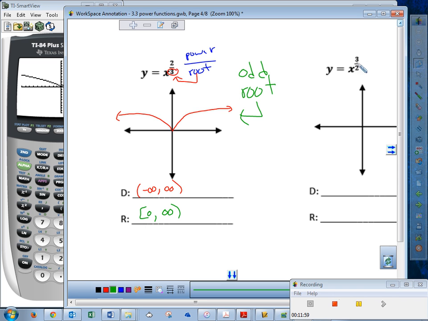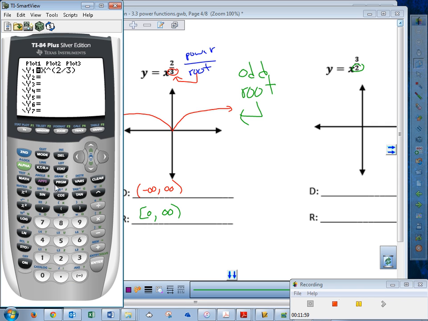Would you believe that y to the 3/2 power, if you do power over root, you've got an even root. Let's see what he looks like. Y equals, clear them out, x to the 3/2 power. And graph it. Interesting.